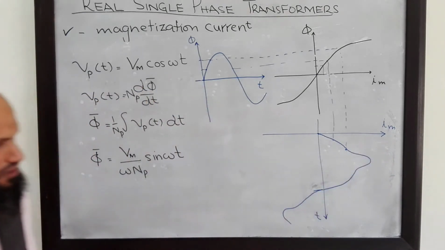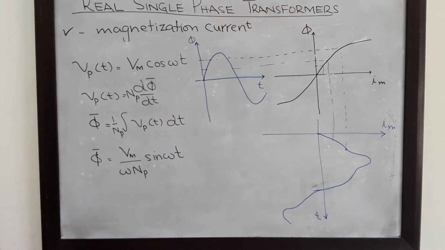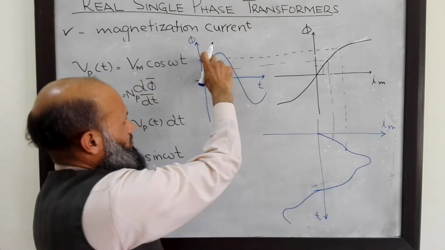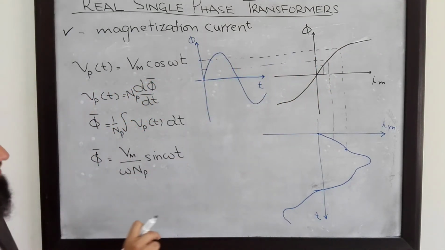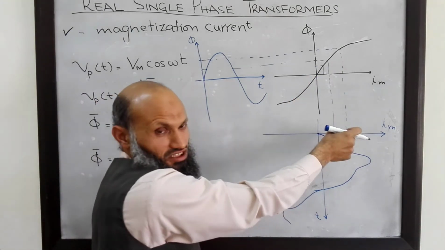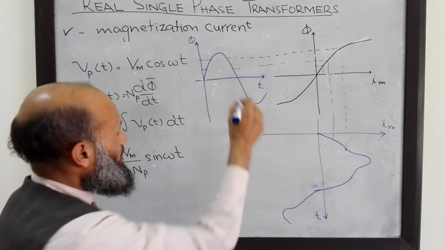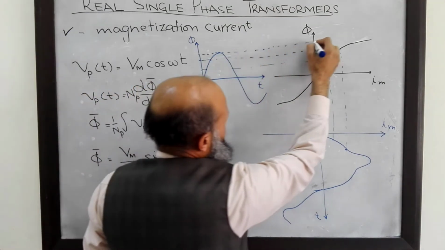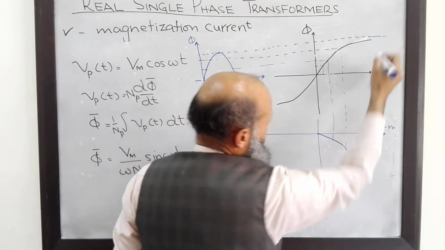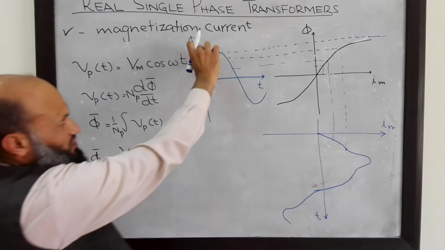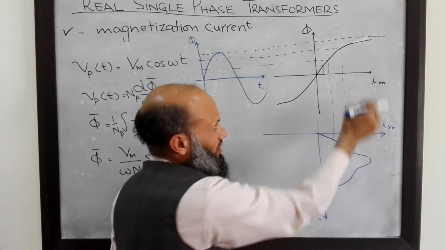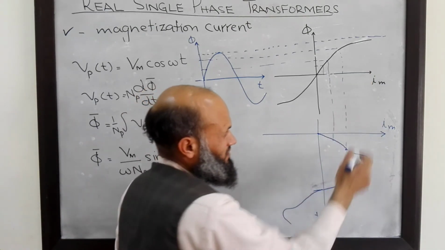Why this kind of peak over here? Because in the linear region, a small change in flux will result in a small change in the magnetization current. However, once the graph enters the saturation region, a small amount of change in the flux will result in a large change in the magnetization current.